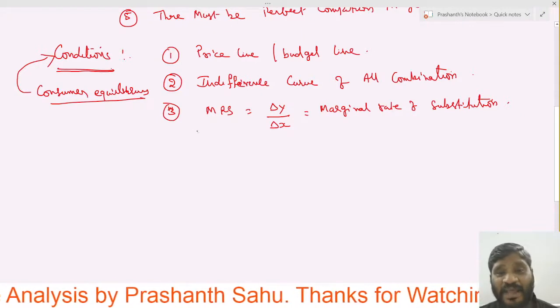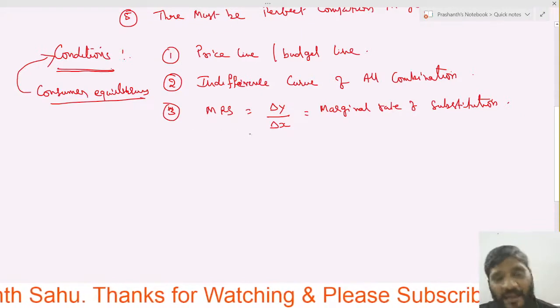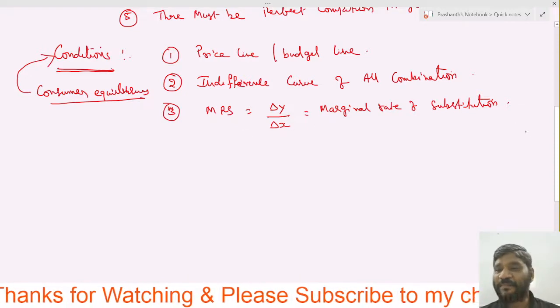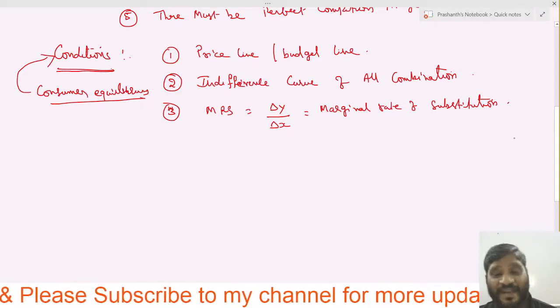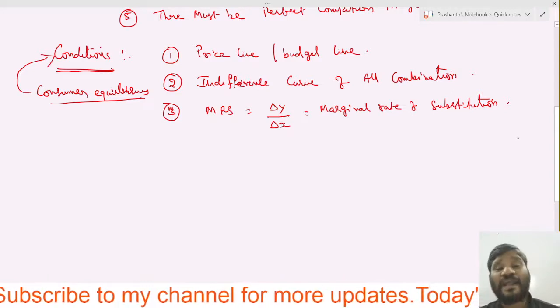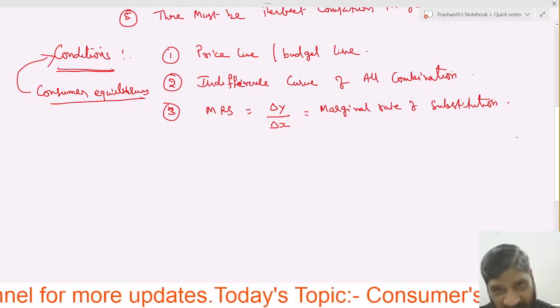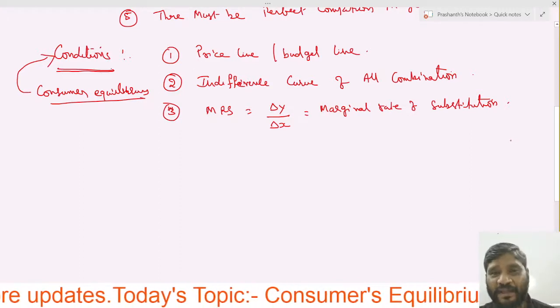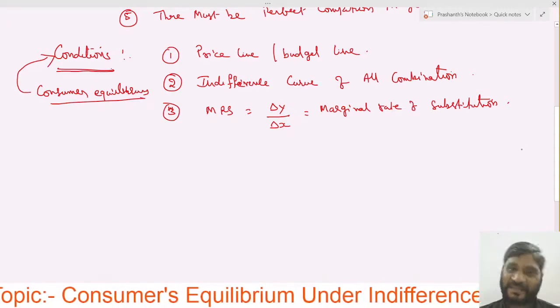In the same way, MRS, delta y by delta x, we have to compulsorily take. That is nothing but the marginal rate of substitution. If any one is missing here, then consumer equilibrium cannot be determined. Please remember this. We require budget line, price line, indifference curve, and MRS.